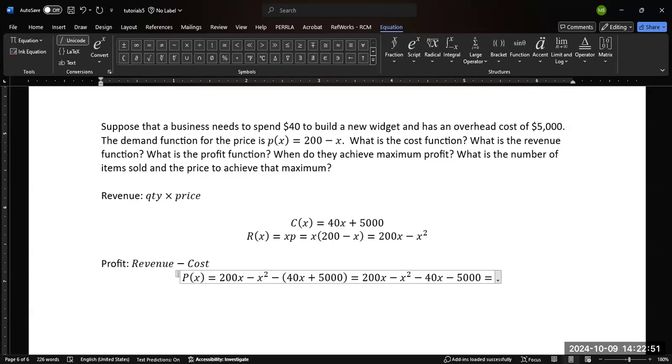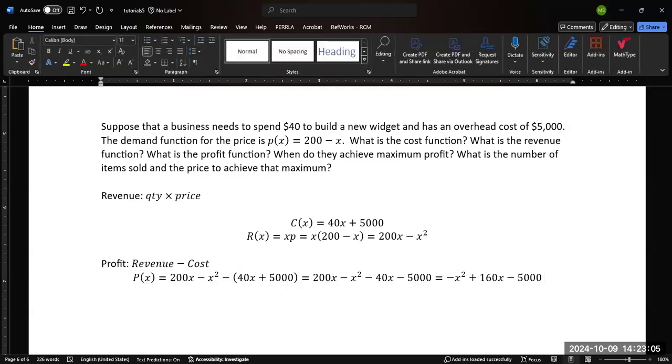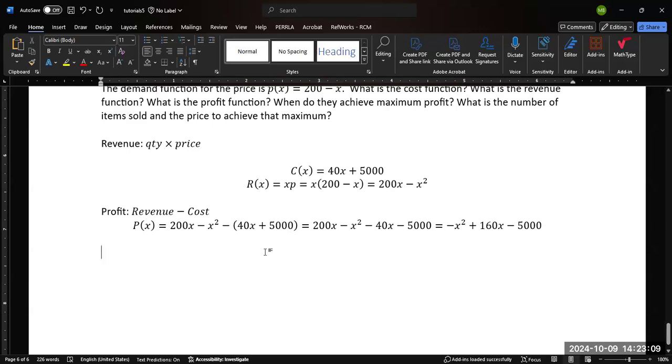And if we combine like terms, we get negative X squared, 200 minus 40 is 160, X minus 5,000. Now, this is, in this kind of an example, a quadratic equation.